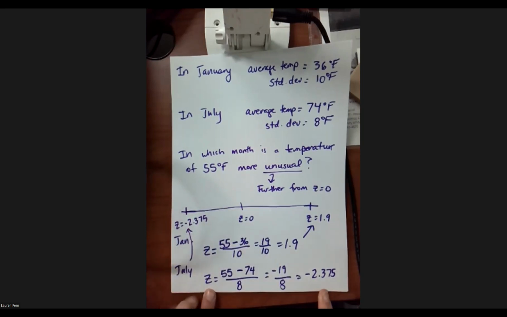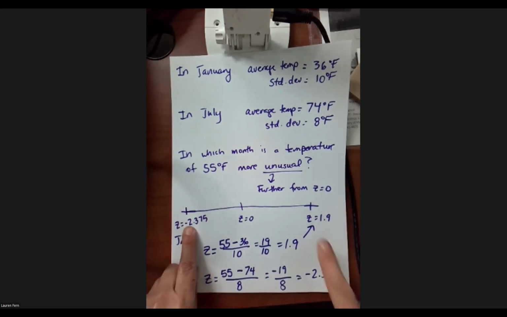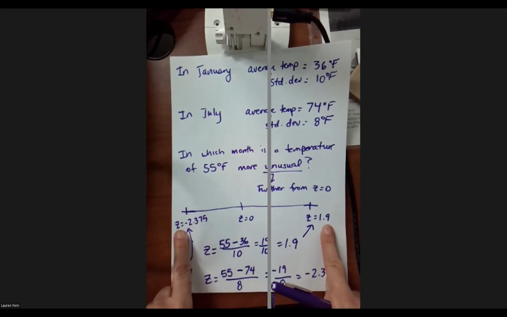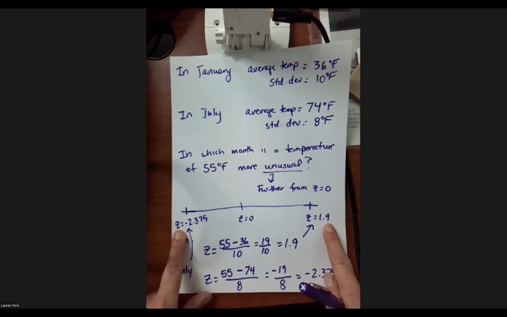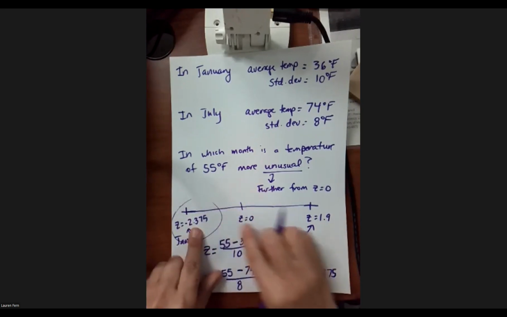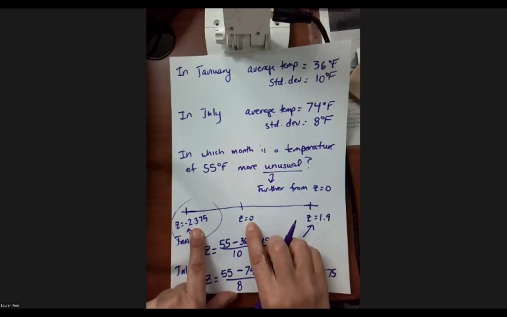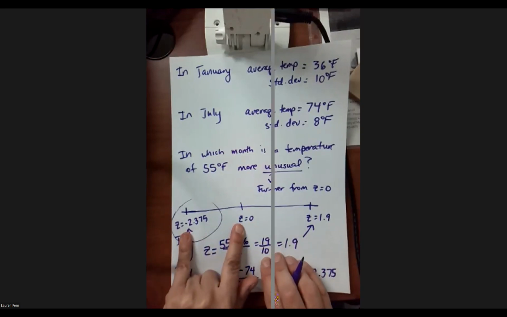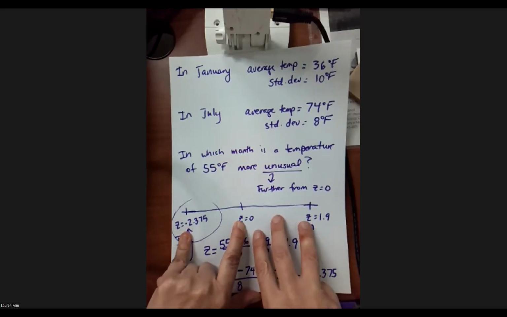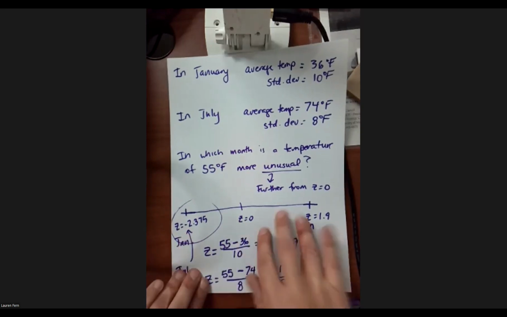In absolute terms, who's further away from 0, 1.9 or negative 2.375? Further away, my friend. Yep, this is further away from 0, right? There's a greater distance. There's a distance of over 2 here. There's a distance of less than 2 here.